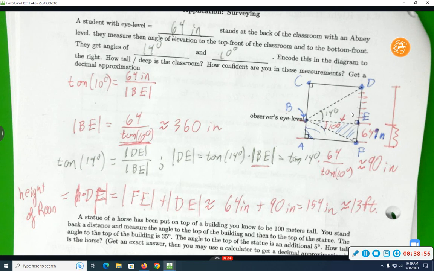Cool. So, nice. Let's do a similar process again, which won't involve any measuring of angles. Here's a totally made-up example. Let's suppose that there's a building that, by doing a similar process earlier, you have determined to be precisely 100 meters in height. Let's suppose that someone has put on top of this building a statue of a horse.